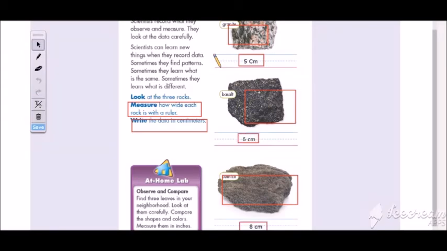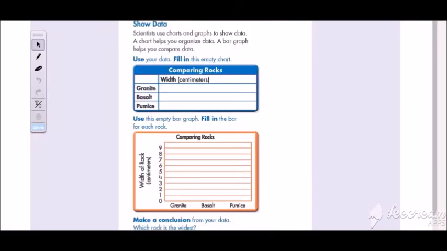But can we leave what we get like this, unorganized? No, of course. We need to organize what we have to learn from it or to show it to other people or other scientists. So what do scientists do? They use charts and graphs to show data.